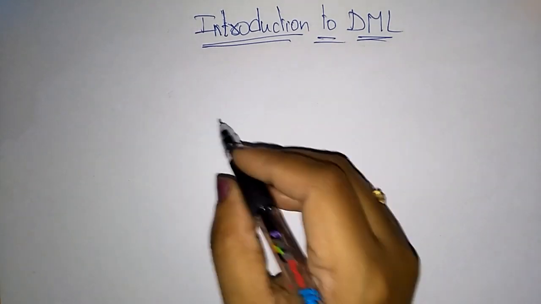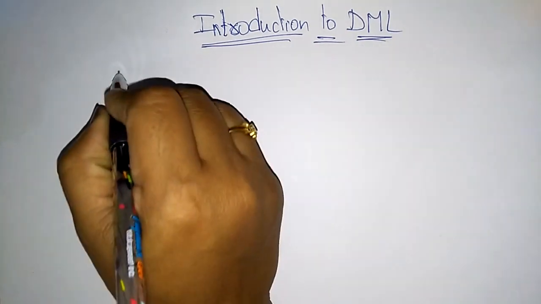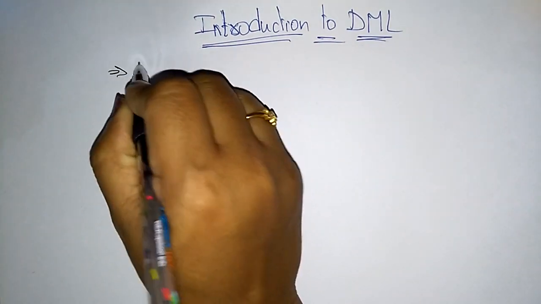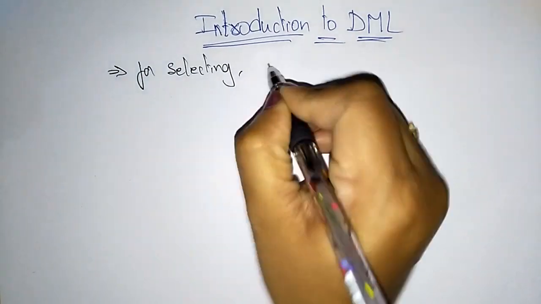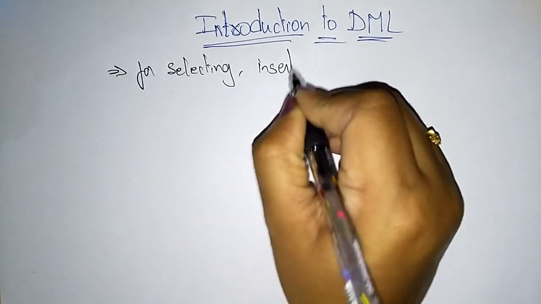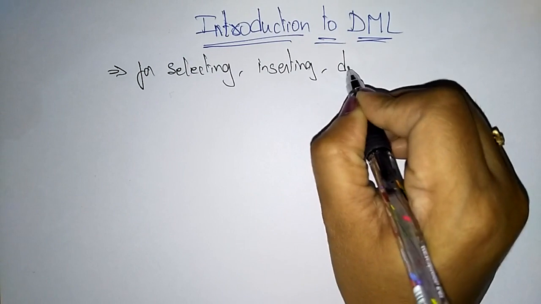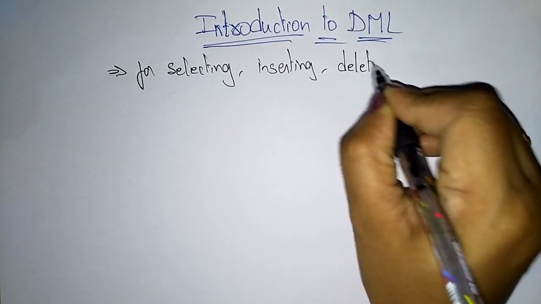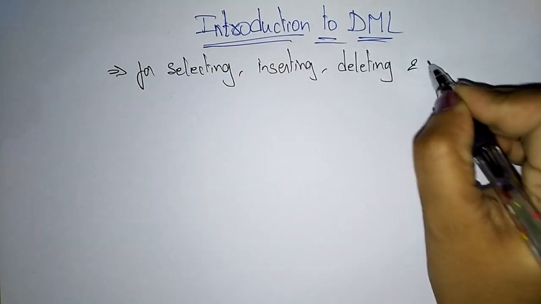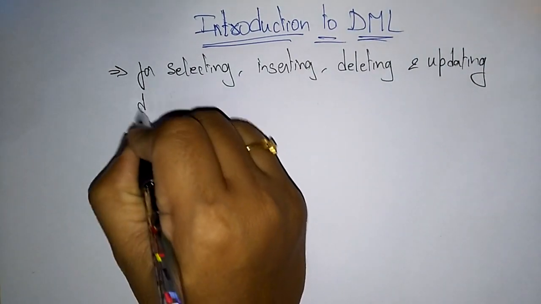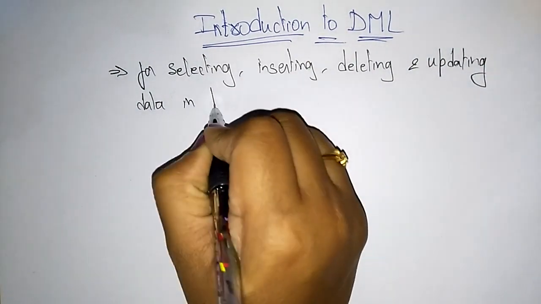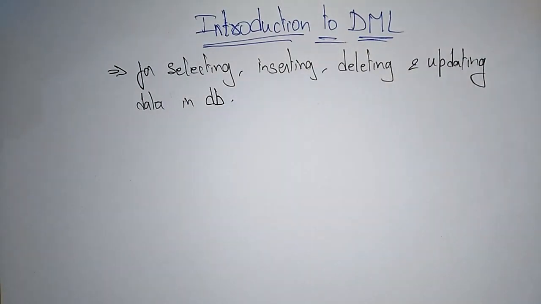The main use of data manipulation language is for selecting, inserting, deleting and updating data in the database. So to manipulate the database, we need to select, insert, delete or update.